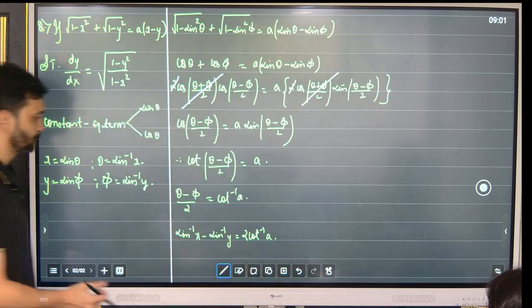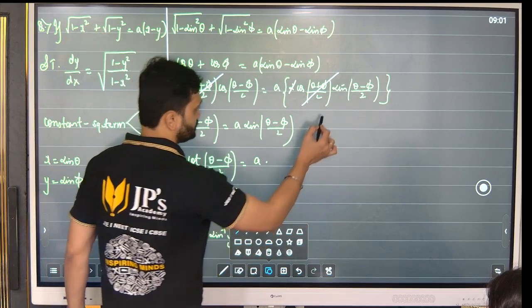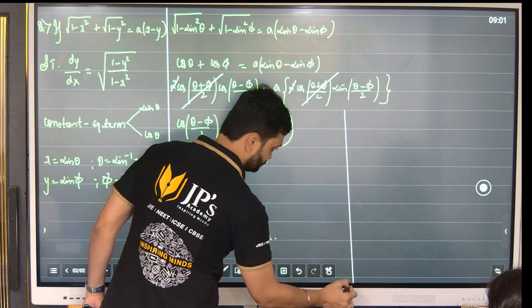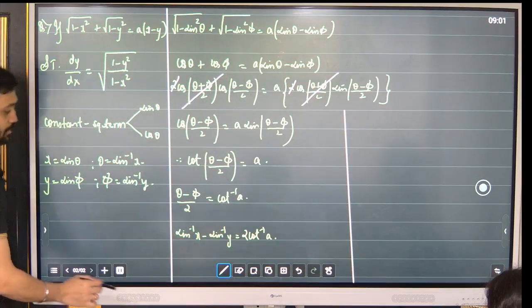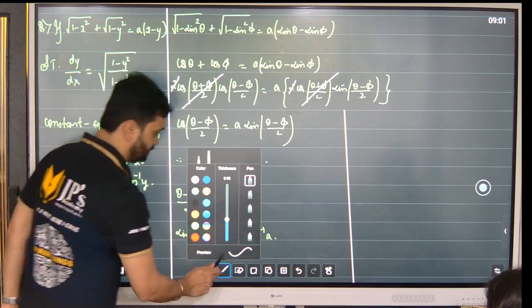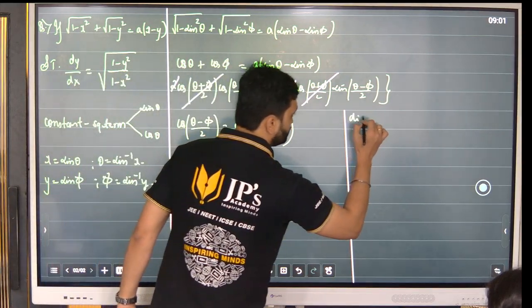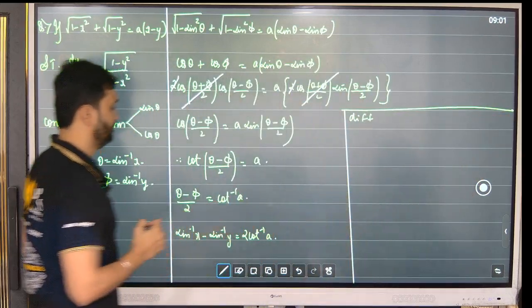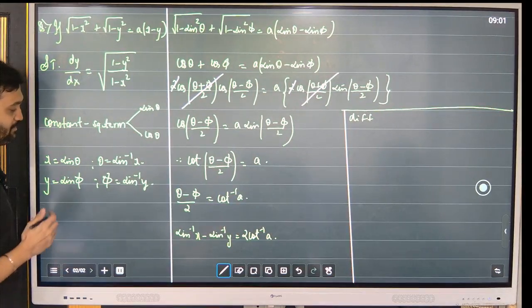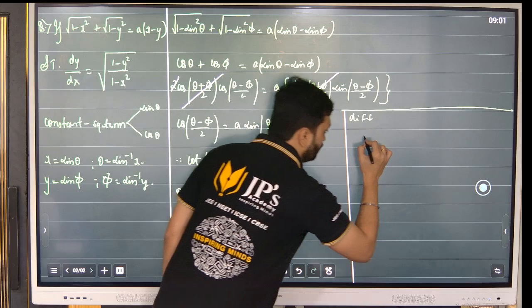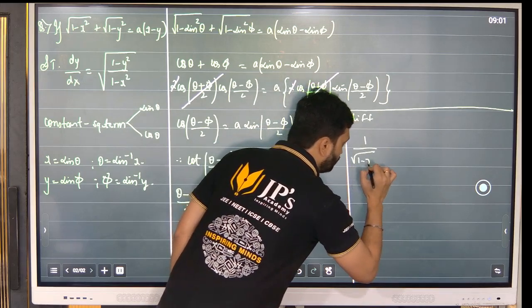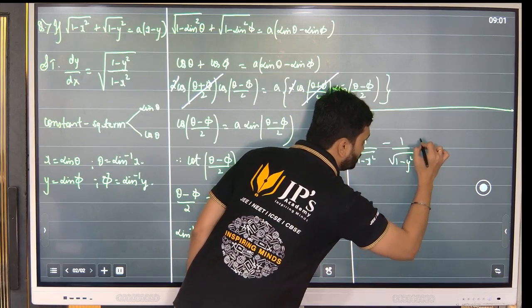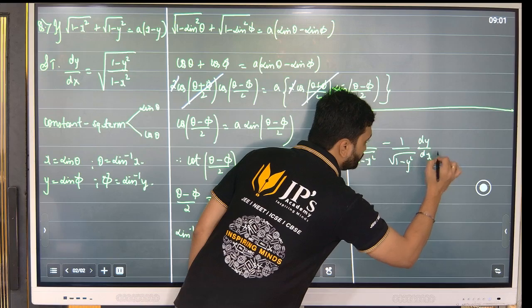Now, I can differentiate this. I'll write it here. Differentiating with respect to x, the derivative of sine inverse x is 1 upon under root of 1 minus x square, minus 1 upon under root of 1 minus y square dy by dx is equal to 0.